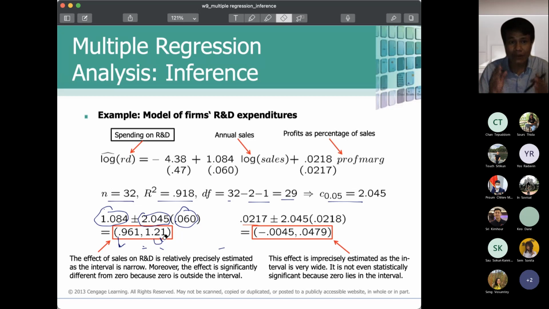If you analyze data 100 times, 100 different samples, 95 times you will get a coefficient between 0.961 and 1.22. So you see, there is no chance that your coefficient equals 0 because 0 is not in the interval. 0 is not in the interval.